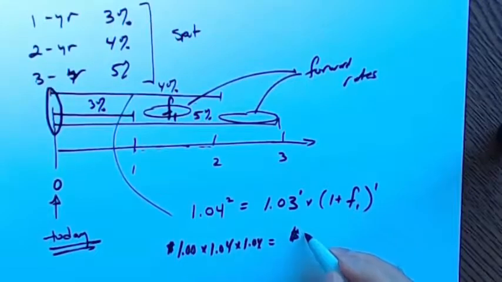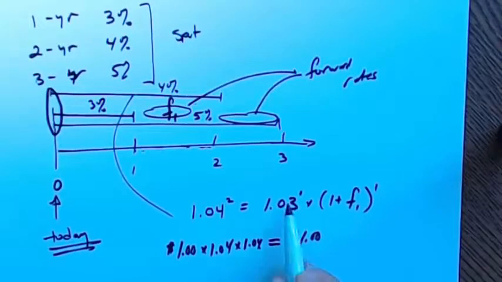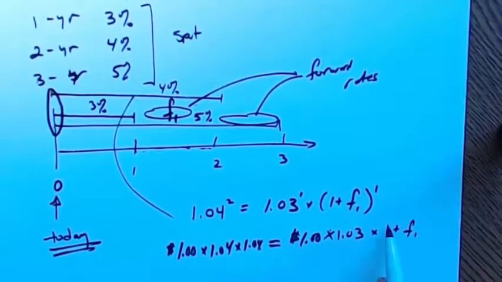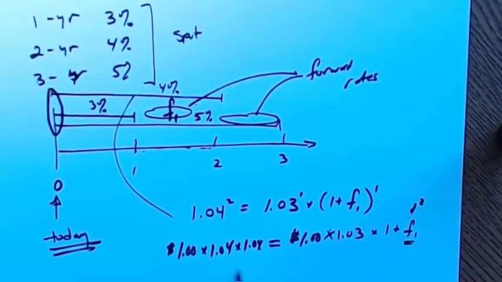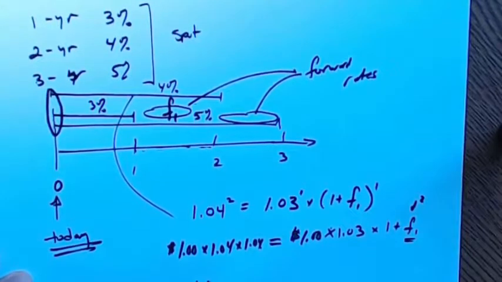And you're indifferent between investing your money for 2 years at 4% each versus investing your money at 3% for 1 year and then investing it at F1, which we don't know yet. Well, this is one equation, one unknown. We know what that's going to be. We can calculate it. So it's 1.04 squared divided by 1.03 equals 1 plus F1.